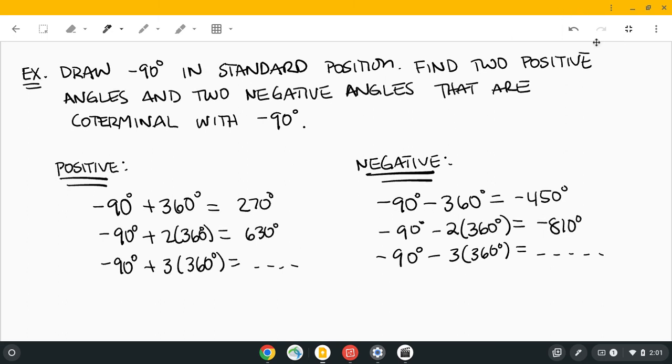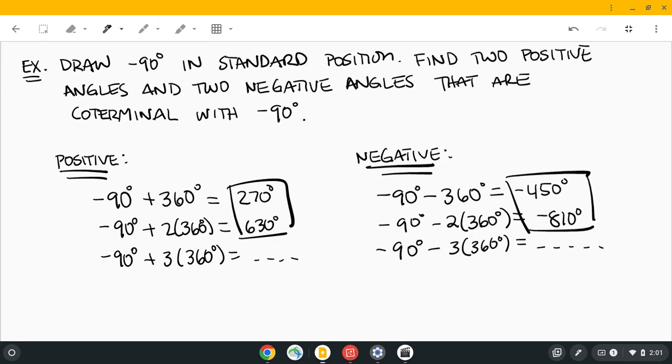Okay, so here are our two positive answers, and here are our two negative answers.